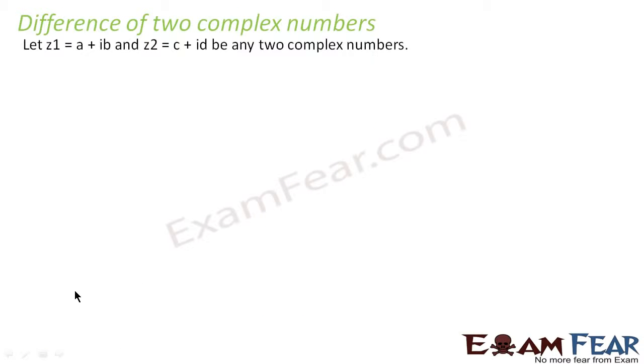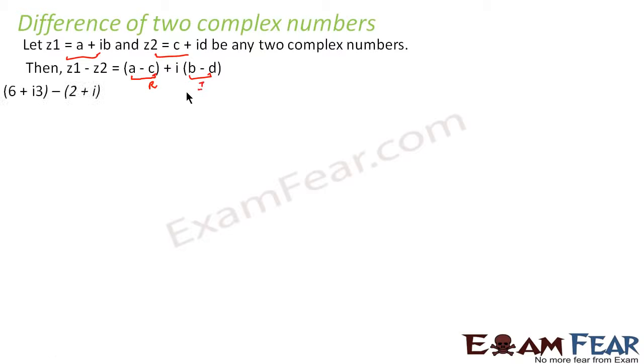Now let's see the difference of two complex numbers. If there are two complex numbers z1 equal to a plus ib and z2 equal to c plus id, then the difference is: you subtract the real parts and then you subtract the imaginary parts.